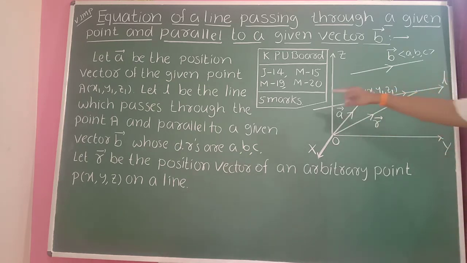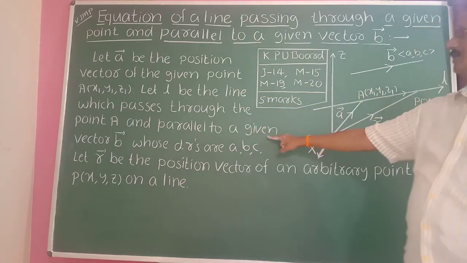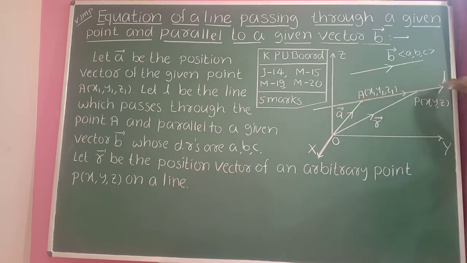Let L be the line which passes through the point A and is parallel to a given vector b bar. This is the line passing through the point A and parallel to the given vector. This is a given vector b bar whose direction ratios are a, b, c.